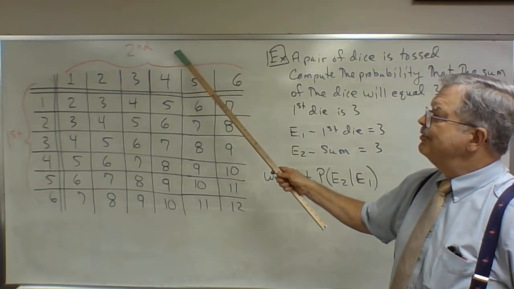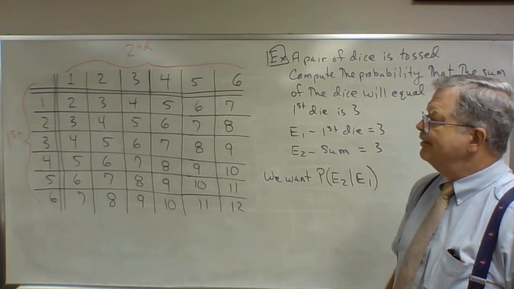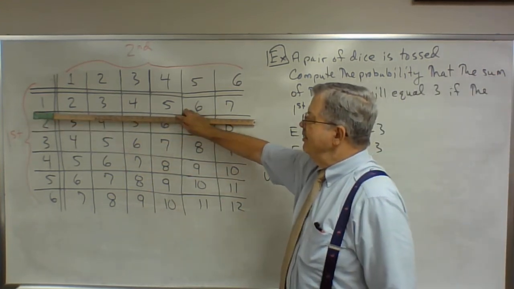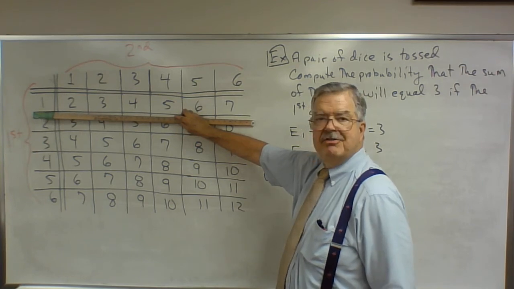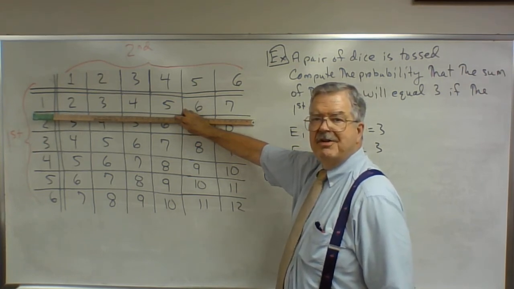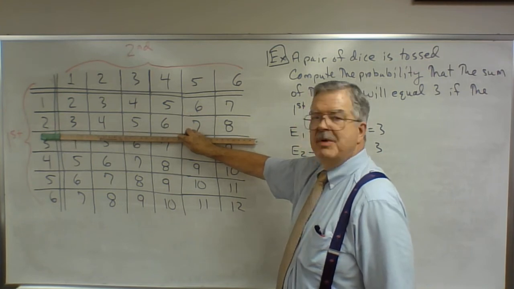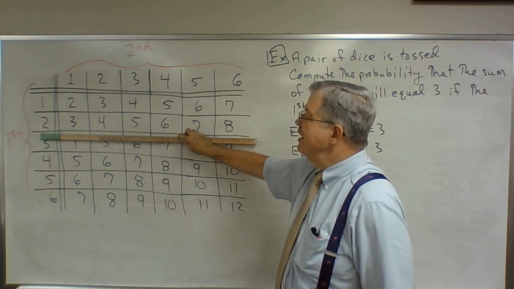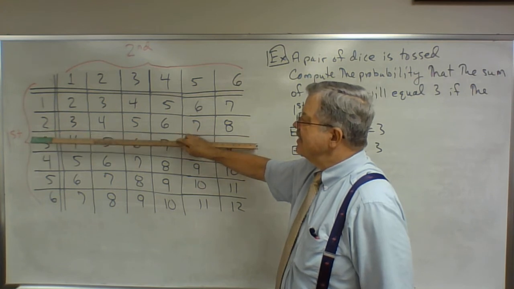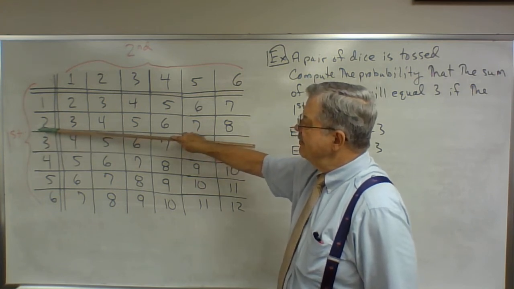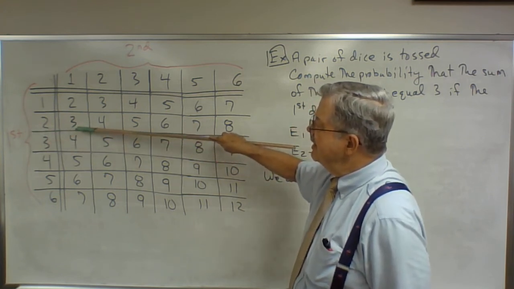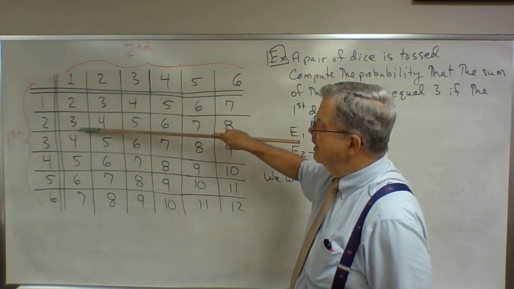This is the sample space of 2 dice being tossed. This row represents the results when we toss the first die. This row represents what we get when we toss the second die. So this represents first die equal 2, second die equal 1.